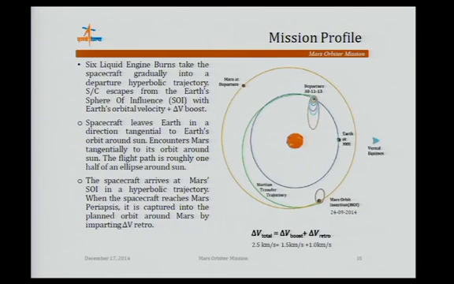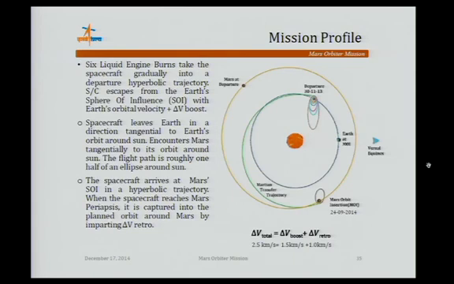The spacecraft leaves Earth tangent to Earth's orbit around the Sun and encounters Mars tangent to its orbit around the Sun. The flight path is roughly one-half an ellipse around the Sun. The spacecraft arrives at the Mars SOI in a hyperbolic trajectory. When it reaches Mars periapsis, it is captured into the planned orbit around Mars by imparting delta V retro.